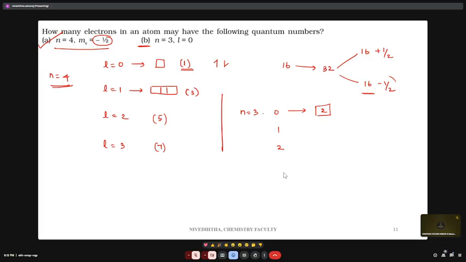In l is equal to 1, this is not possible, right, Kanna? This is also not possible. So maximum number of electrons is just 2 and not 6. You got my point? They are talking about l is equal to 0 subshell.